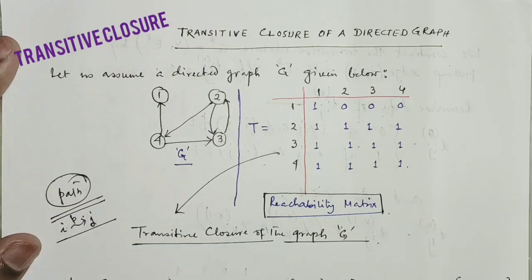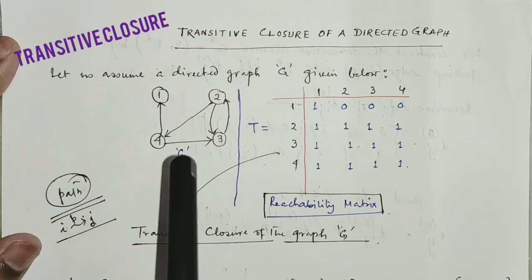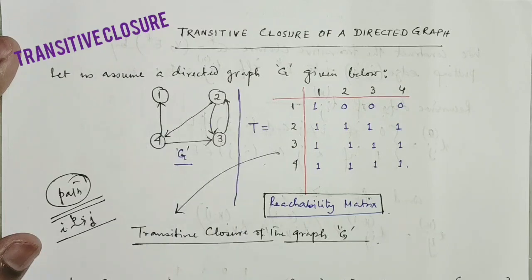As you know, a graph can be represented either by using an adjacency matrix or by using an adjacency list. Assuming that we are representing the graph using an adjacency matrix, as the graph consists of 4 vertices, the adjacency matrix will be 4 by 4, with 4 rows and 4 columns.